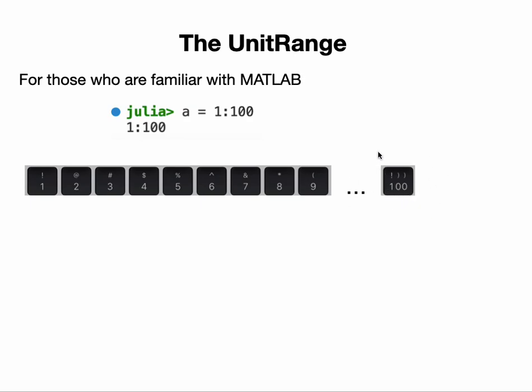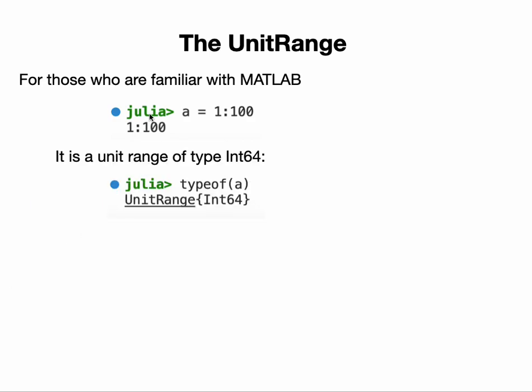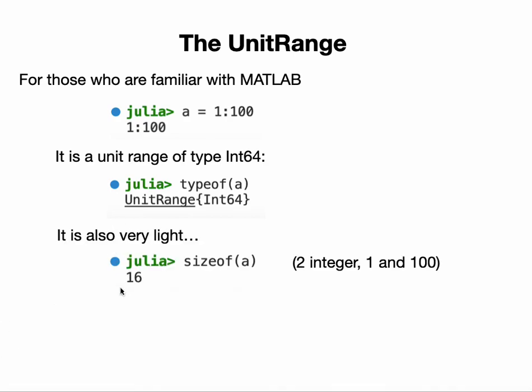If you find this key on your keyboard, you're lucky. So it's a unit range. If you check the type, this is called UnitRange Int64. It's very light. Here it's only 16 bytes. To define this range, we only need two integers, 1 and 100.